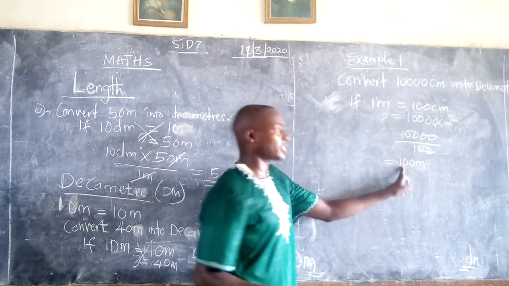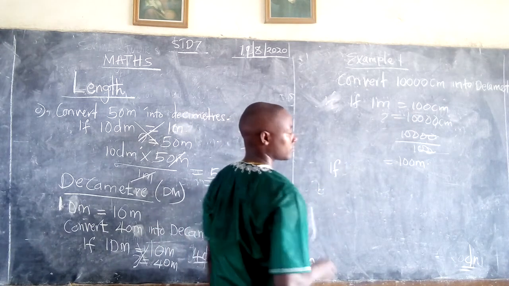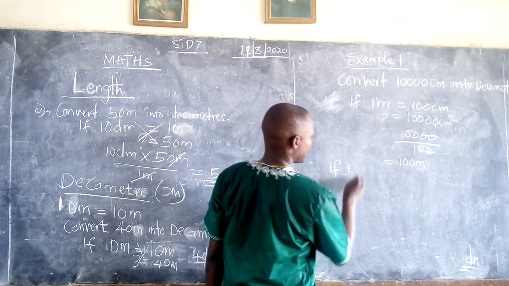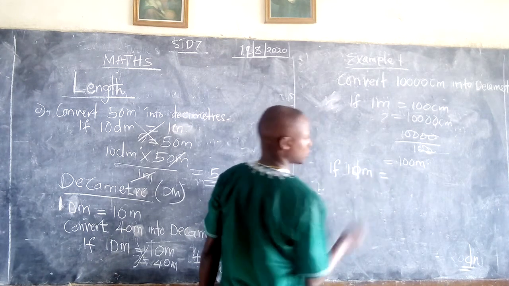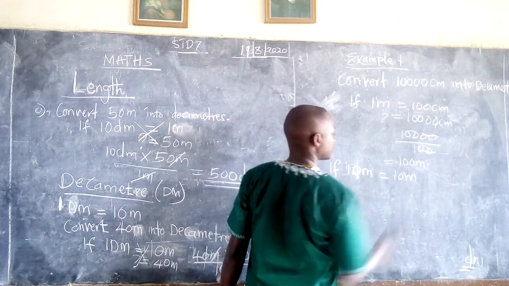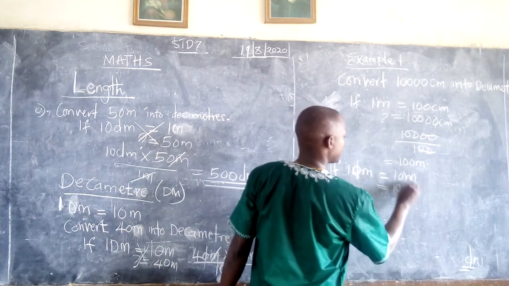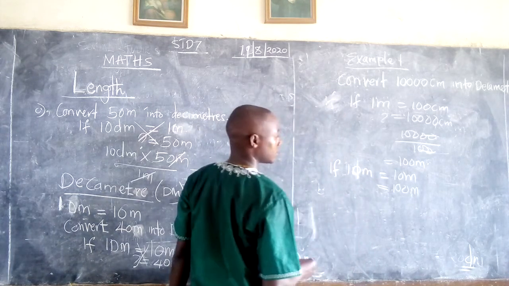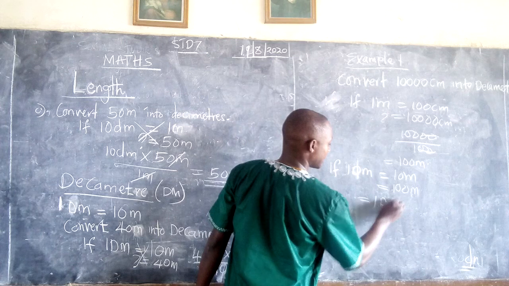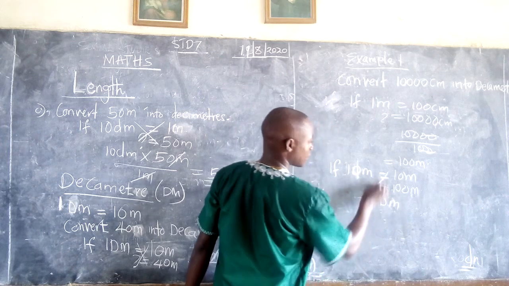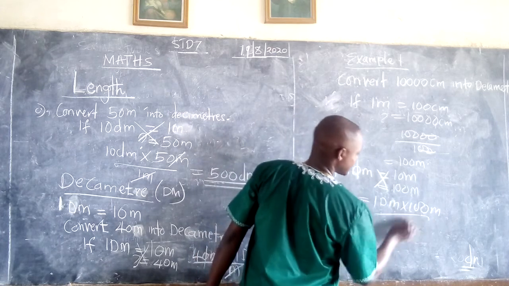Then you convert these meters into decameters. You ask yourself, if 1 decameter is equal to 10 meters, what about 100 meters will be equal to what? We cross multiply: 1 decameter times 100 over 10 meters.